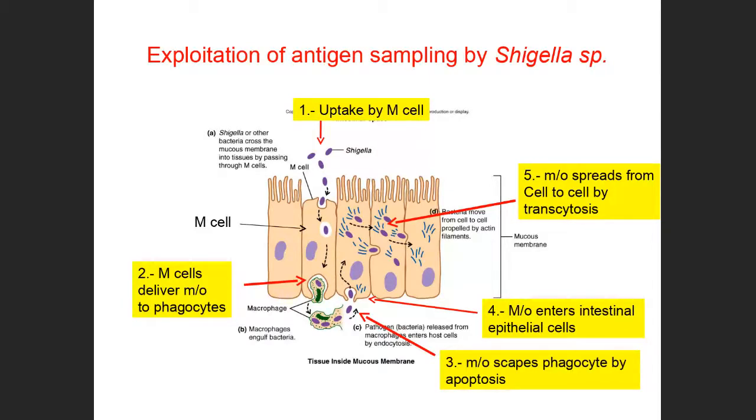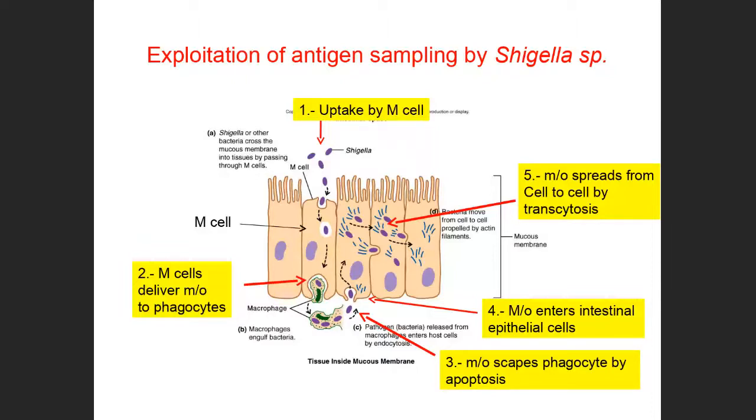These are called M cells, and M cells are constantly eating up, if you will, stuff that's found on the surface of the GI tract. And that stuff is presented to the immune system. The immune system will react, and remember, one of the things that bacteria do is to keep our immune system in check, always working. Some bacteria take advantage of that. So they are taken up by the M cell.